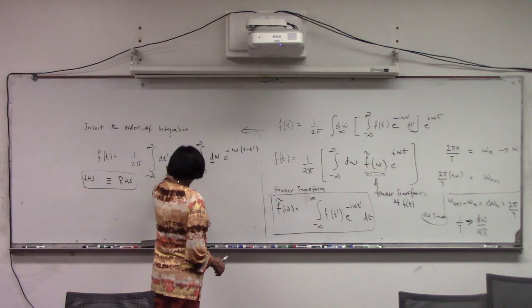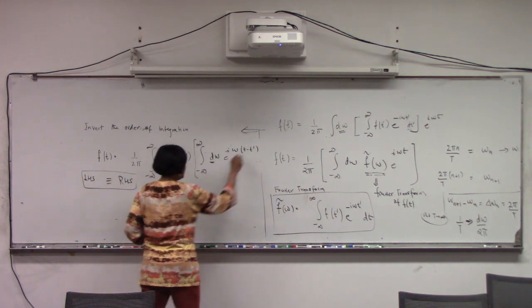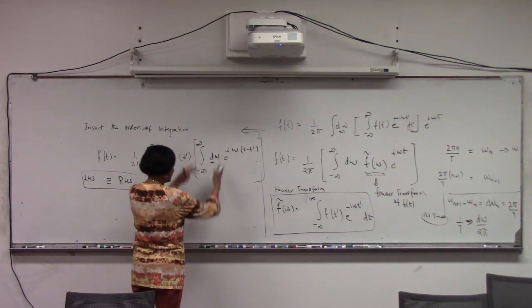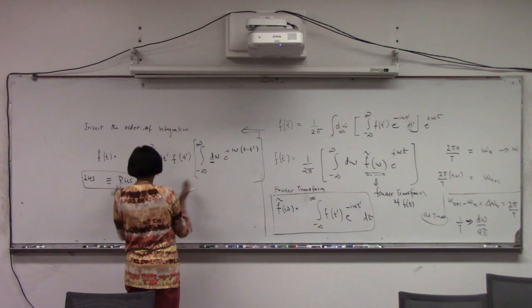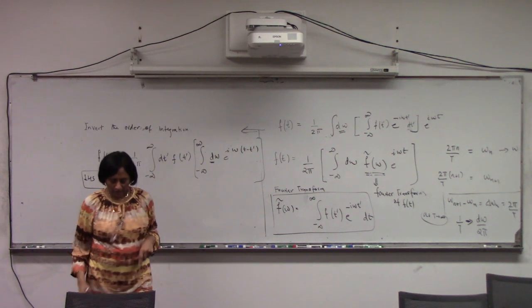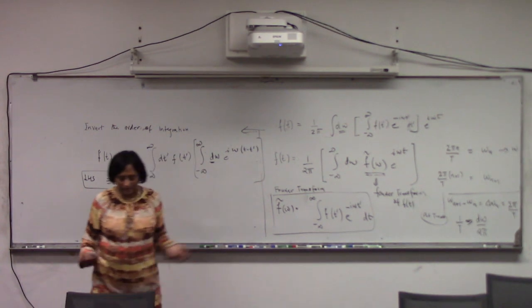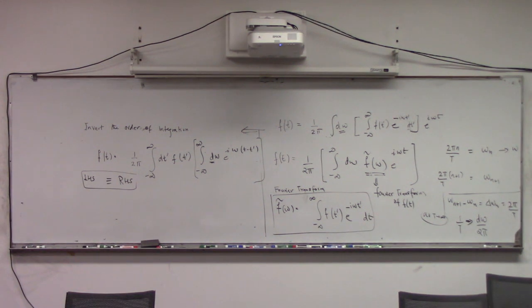I'm going to do the omega integration first, right? This will be some function of t and t prime, and then you integrate it over t prime. Whatever is left over is a function of t. That much is clear from the way the integration is going. Now, how can I make left hand side equal to right hand side?